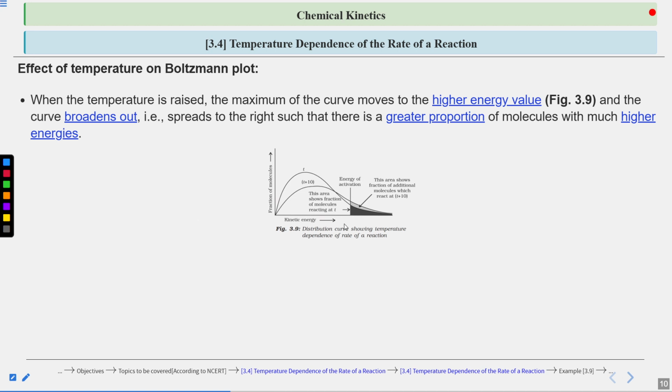So this graph shows how the temperature affects the Boltzmann plot. If the temperature rises, the Boltzmann plot broadens out and the curve spreads to the right, such that there is a greater proportion of molecules with higher energies.